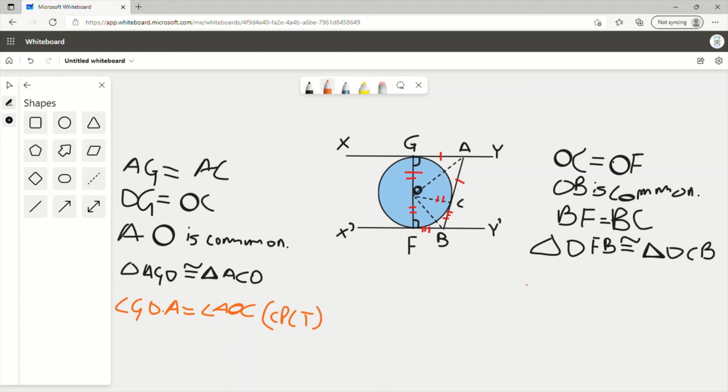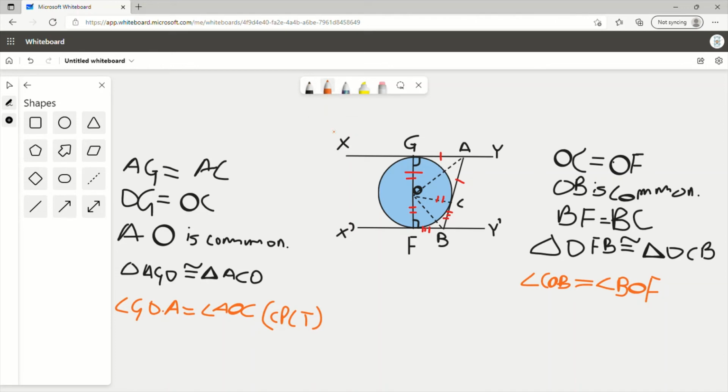Over here we can do the same. Angle COB equals angle BOF. Same with CPCT. So now I think I said it in the start, but GF is a straight line.